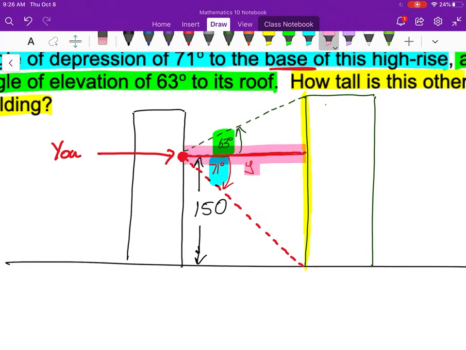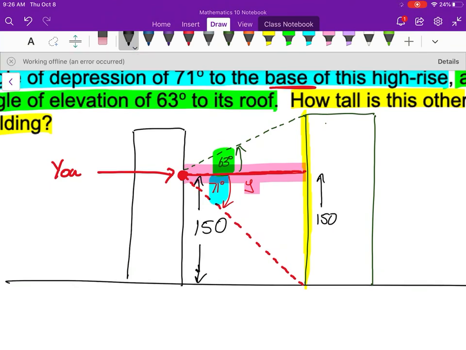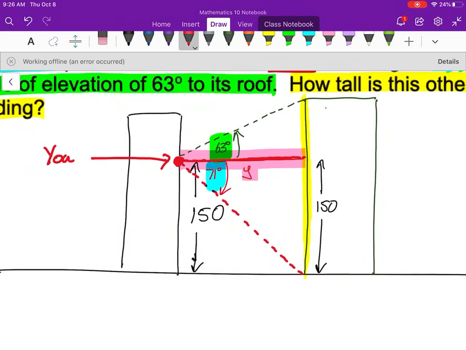I have enough information to figure it out. How do I have enough information? Because that 150 feet is also the same distance from here to here. That distance right there is 150 feet. And so if I look at this triangle that's in red, and I'll even draw it all in red, I have a right triangle, right? This must be a right angle here, assuming the buildings are standing straight up, which I think is a fair assumption.